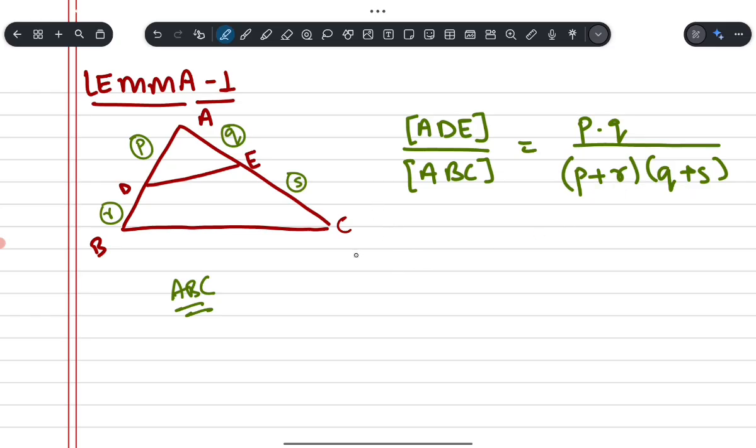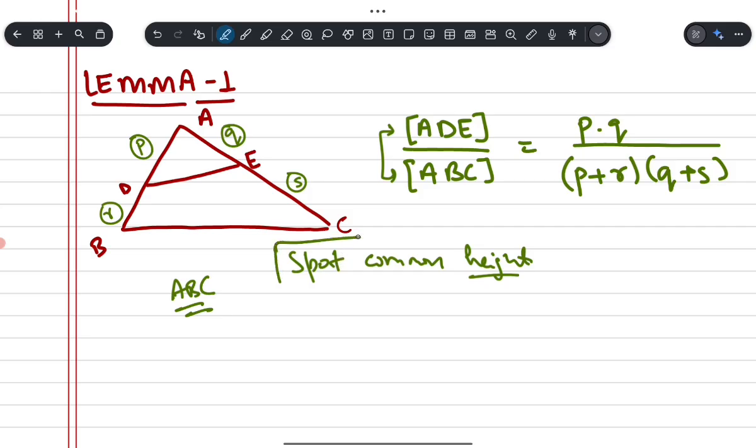Alright. So we have to do the same thing. Spot common height. What triangles do we have to find relation between ADE and ABC? ADE and ABC. Now it's clearly visible that there's no common height, like ADE is so small compared to ABC. So what are we going to do?